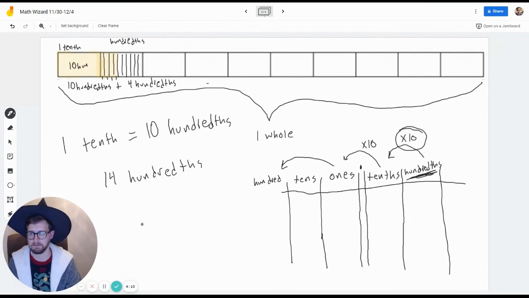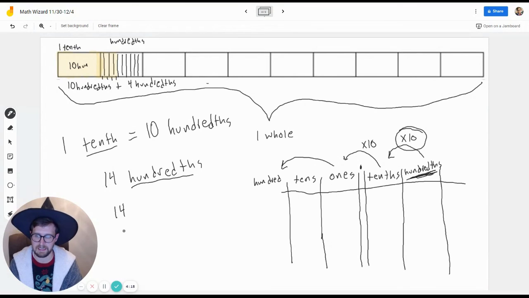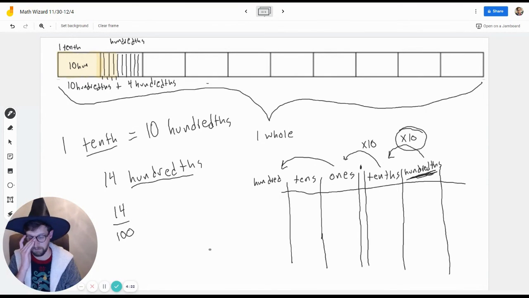Well, how do I write that? Now that I know that, I can write that as a fraction pretty easily, because this hundredths, just like tenths, is telling me my denominator, 14 hundredths, right there. But how do I write that as a decimal? Well, I know that I have 0 wholes, so I'm going to start with my 0 here. And then how many tenths did I have? Did I make a whole tenth?